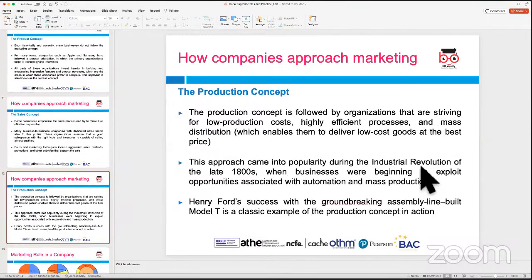Now, what is the production concept? Production concept is one of the main concepts which basically suggests that people prefer products and services that are easily available and affordable, and they are essential for mass production. So when I look at companies focusing on marketing efforts that would allow you to achieve high efficiency in the production process by keeping the cost low, then in those cases you're looking at the production concept.